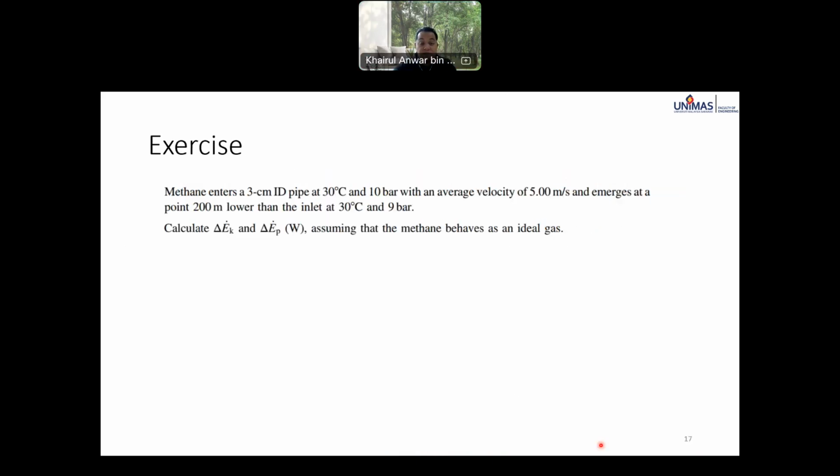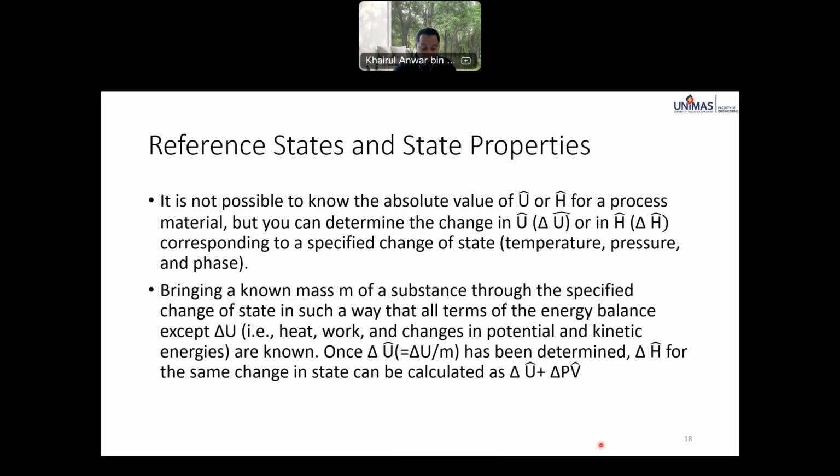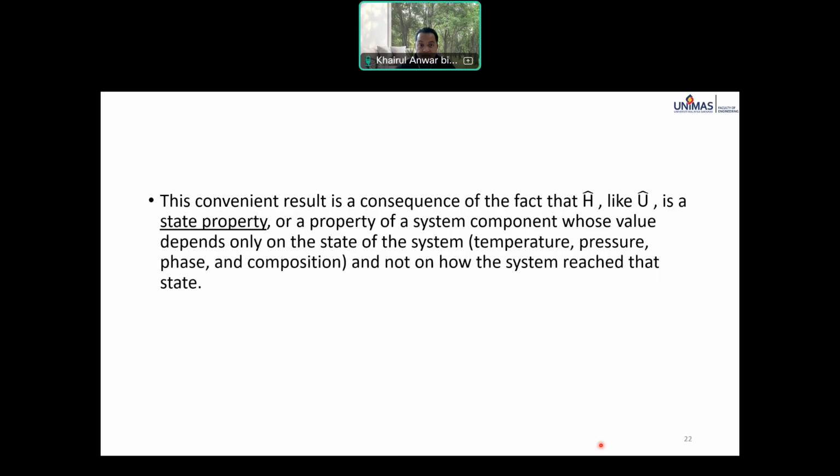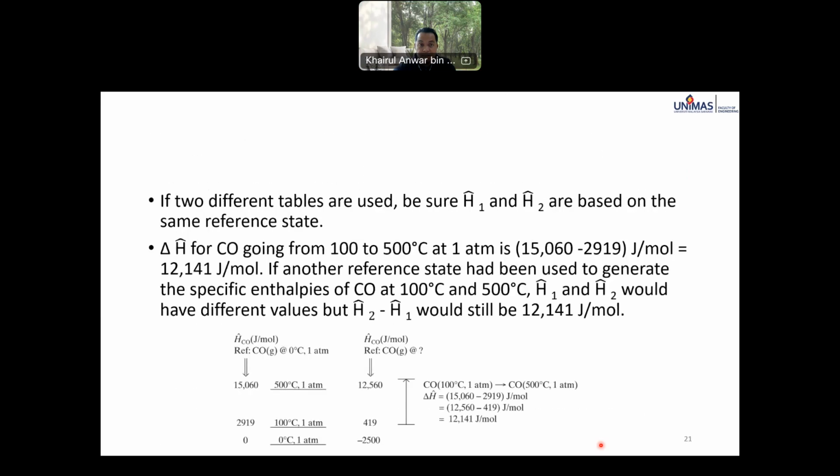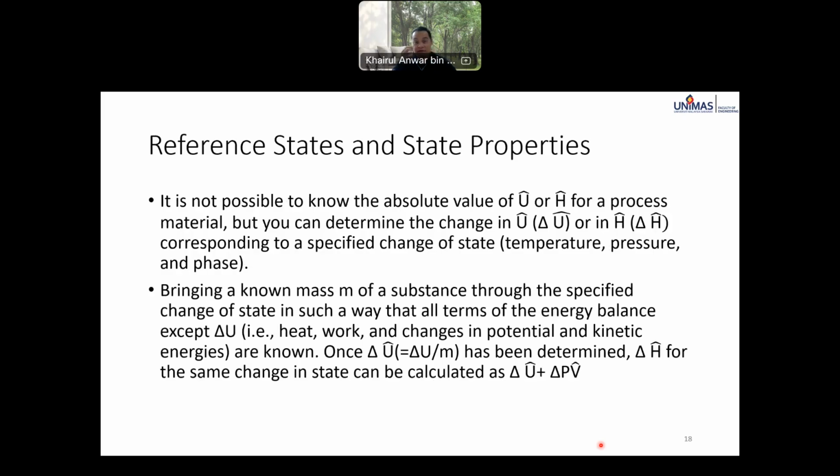Besides, you can try this one. Next, reference state properties. Let us understand how to use the table.